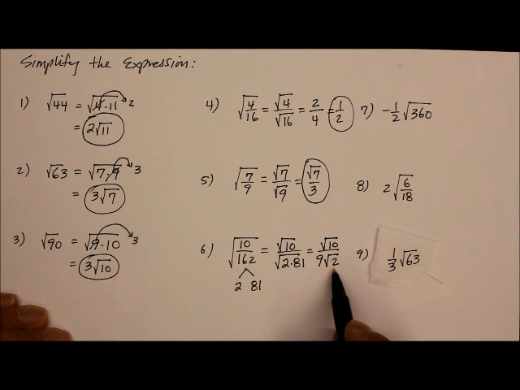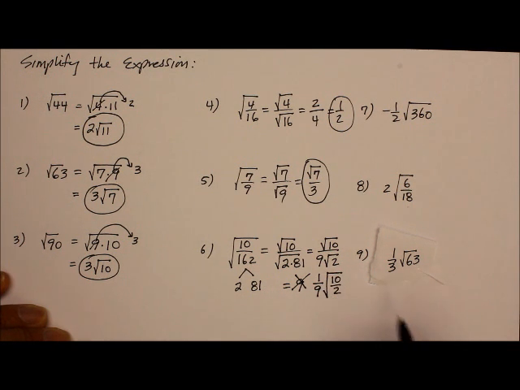Now here's the cool thing. That can be rewritten as, darn it, let me do it this way. Here we go. 1 over 9 times the square root of 10 over 2.